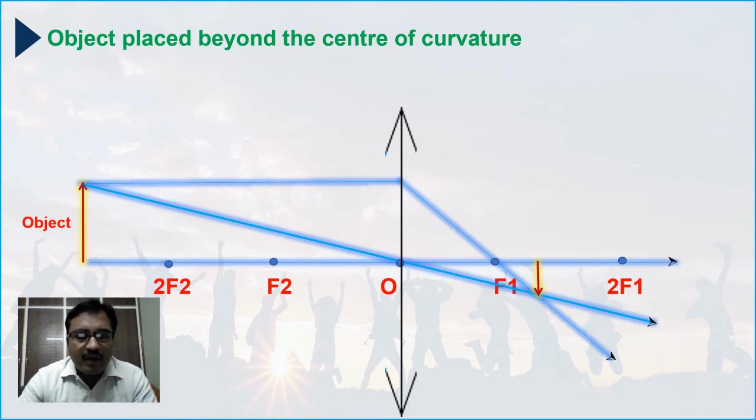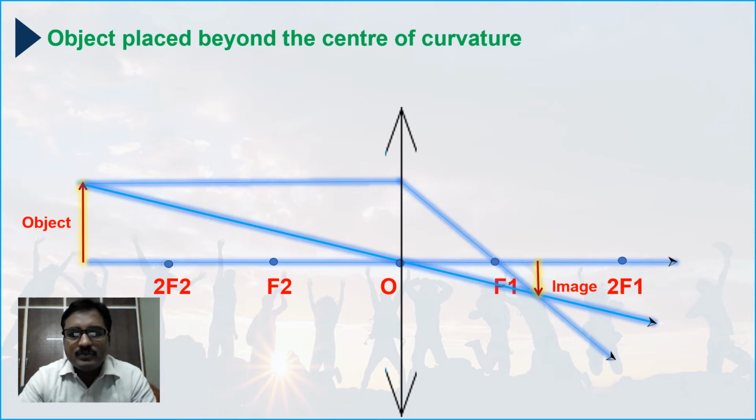The next light ray we have to draw is the one passing through the pole of the lens. Where these refracted light rays intersect each other, there we are going to get the image. Now the object is placed beyond C, and the image is formed between focal point and center of curvature.